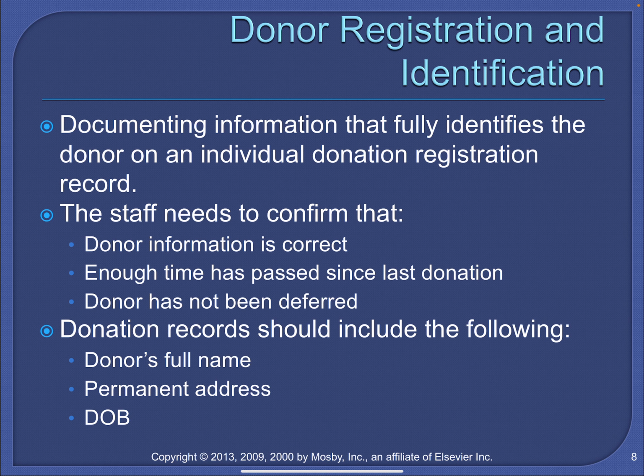Questions that pertain to any name changes or nicknames are important so that we can identify the donor correctly. We also include a pre-screening for donor eligibility status in this registration part of the donor screening.